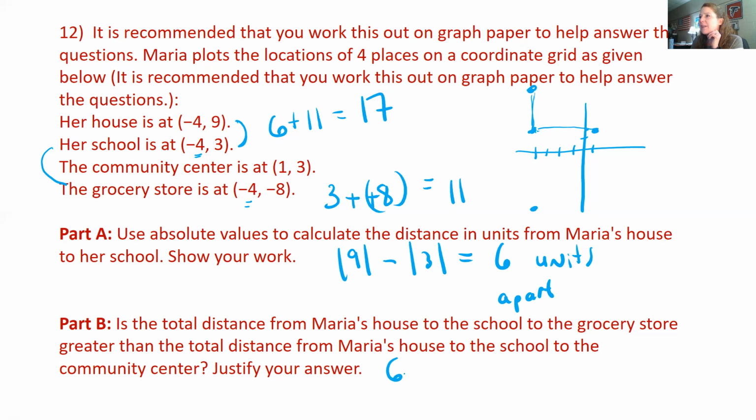So that would be 5 units, and 6 plus 5 is 11. So the distance from Maria's house to the school to the grocery store is greater, because 17 is greater than 11. Okay?